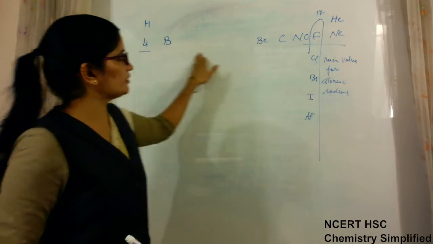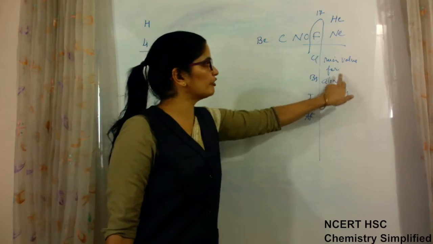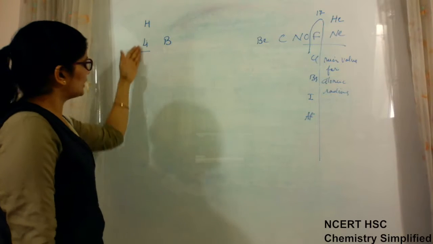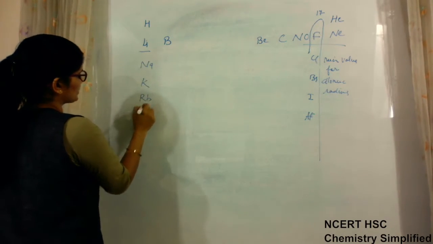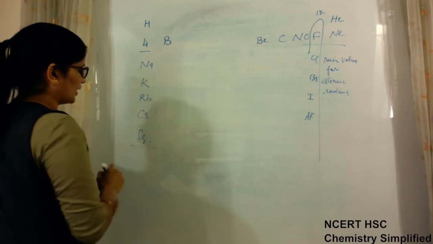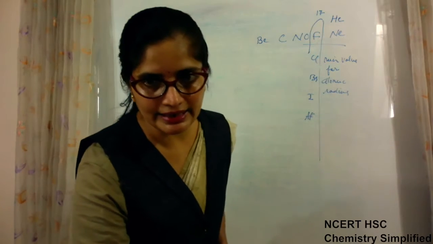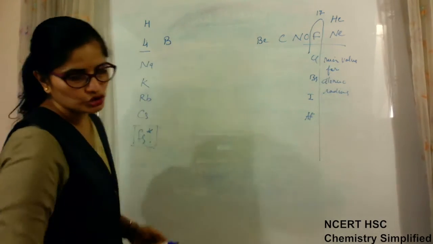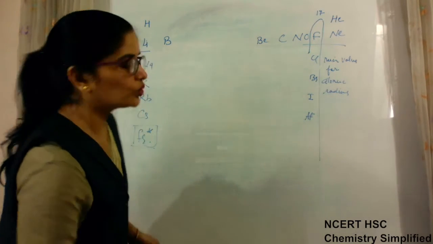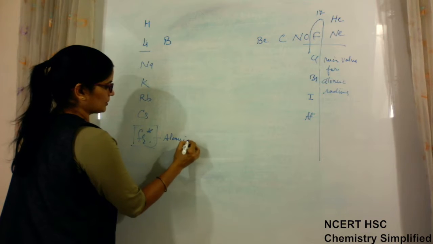In every period if we see, we will find that halogens have the minimum value for atomic radius, and alkali metals, lithium, sodium, potassium, rubidium, cesium and francium. I told you francium is a radioactive element, so the data of francium is not available, but according to the rule its atomic radius should be maximum.